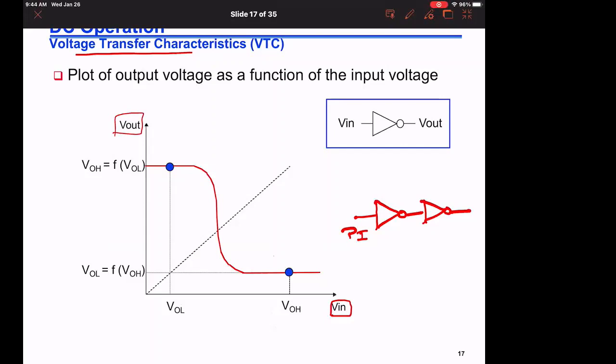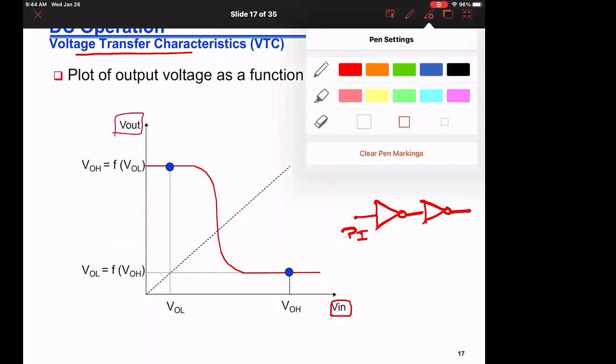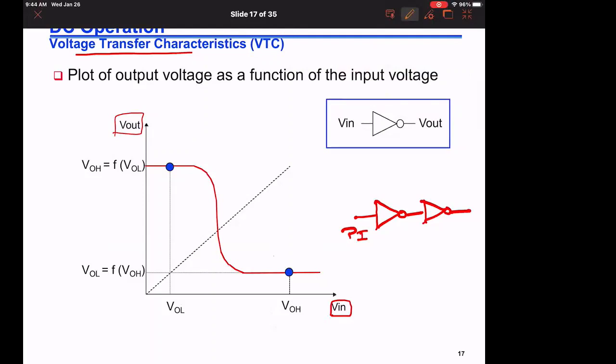I am going first to provide an input which is 0 here. So if my input is 0, my output will be VOH.